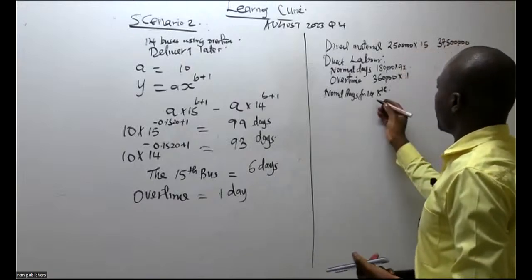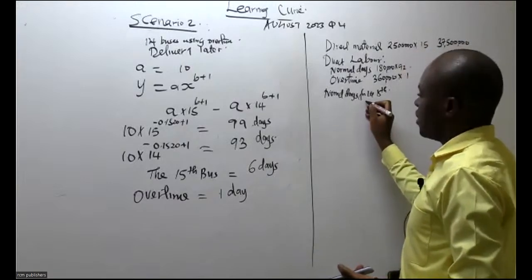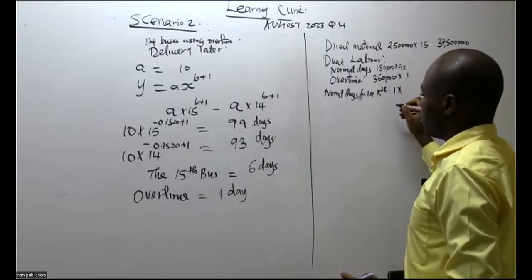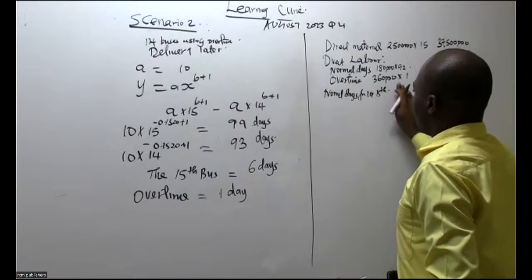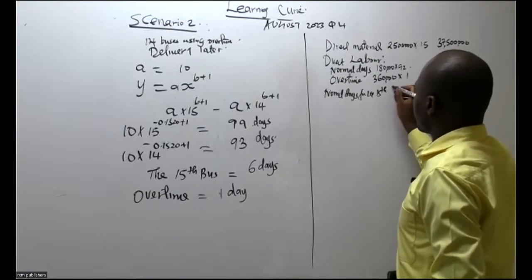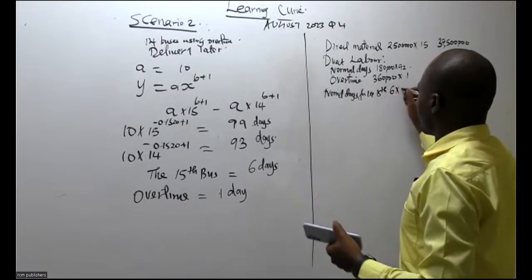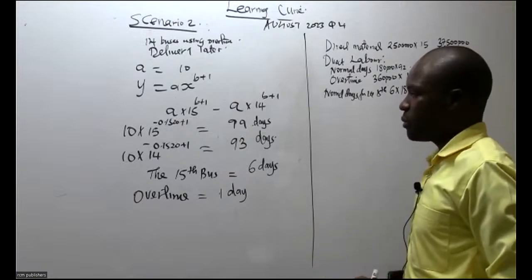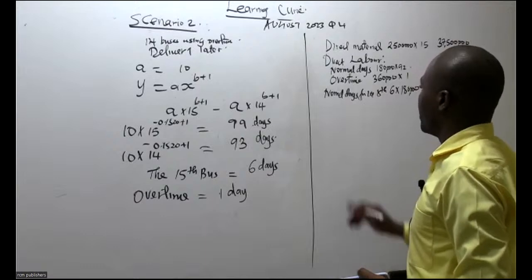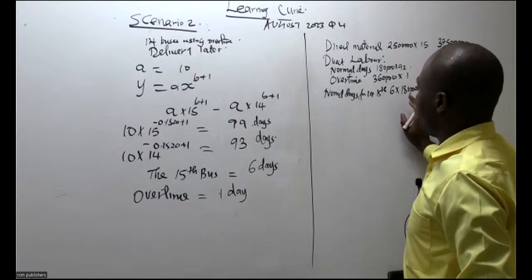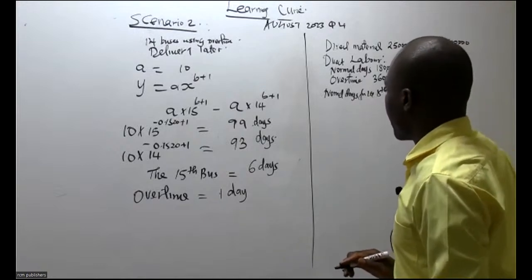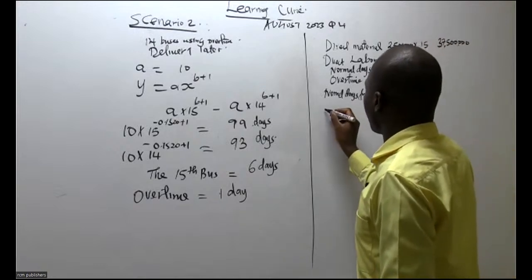So I'll be taking that one bus multiplied by the number of days, which is 6, I multiply by the normal rate per day. So that one will give me the direct labor.